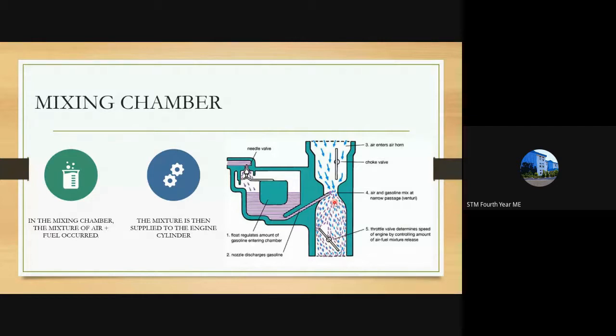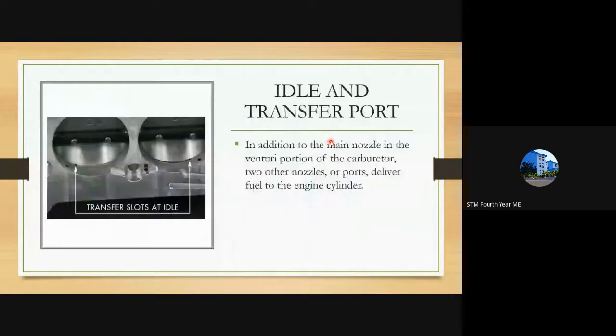It only controls the charge entering into the cylinder. If you want to reduce the amount of air entering into the chamber, we use the choke valve. The choke valve controls the air entering into the carburetor or the carburetor mixing chamber. That is the function of the choke valve.